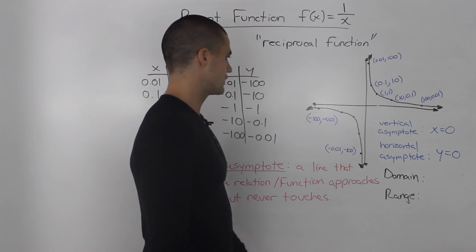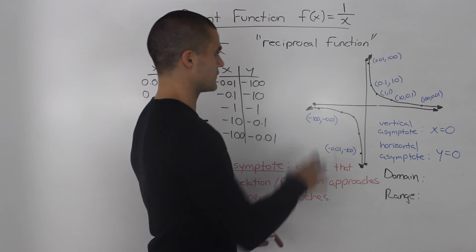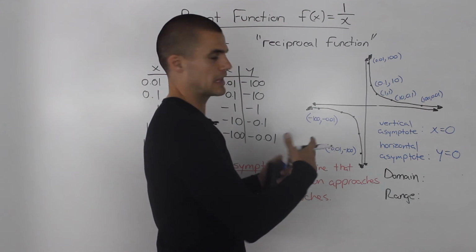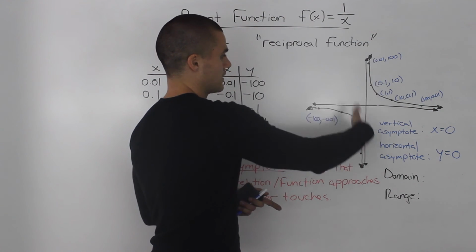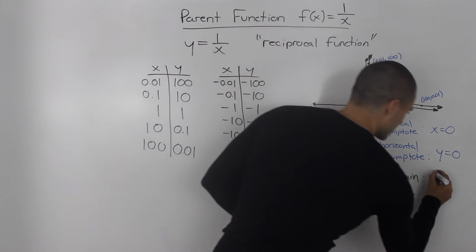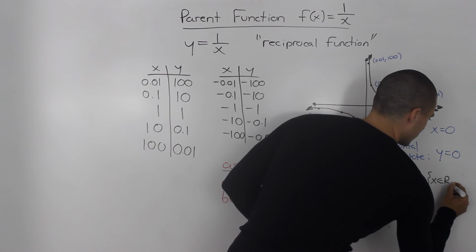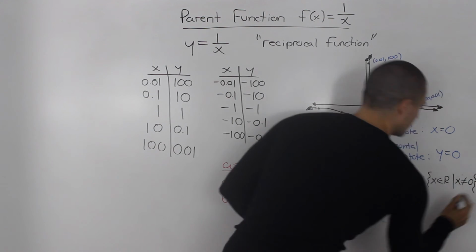Now let's conclude the video by figuring out what the domain and range is for this function. And notice the domain, the x values can pretty much be anything except for 0. The x value of 0 is undefined. So x can be any number, x is an element of real numbers, but x cannot equal 0.